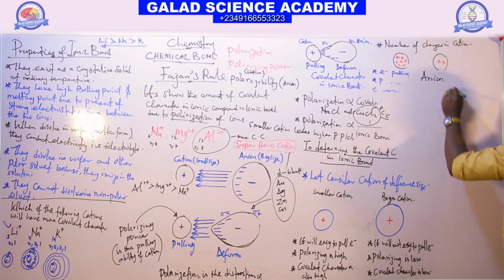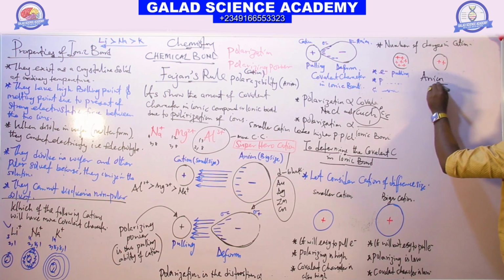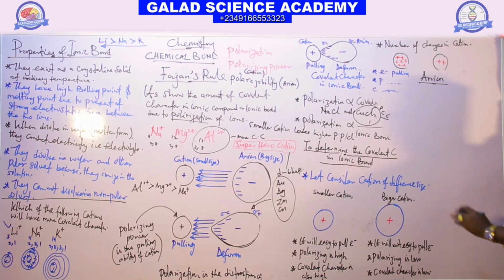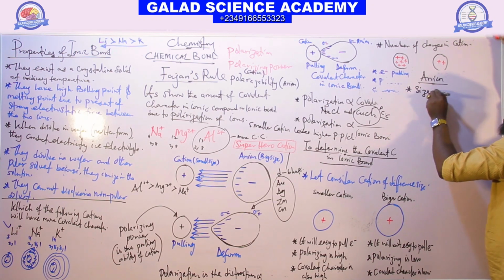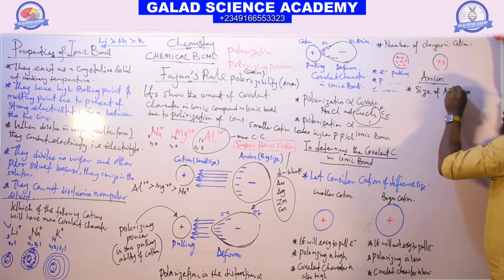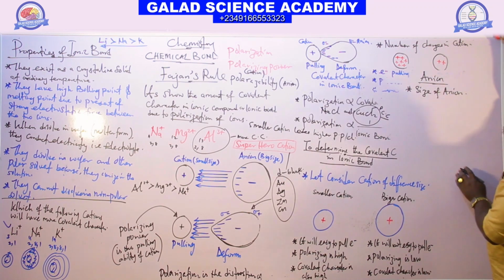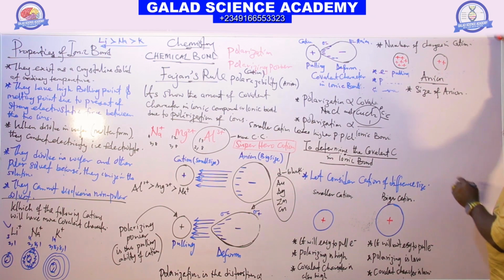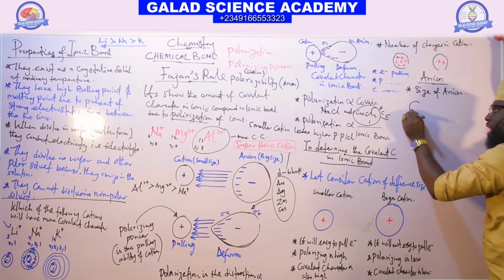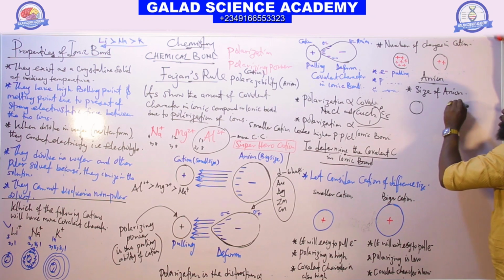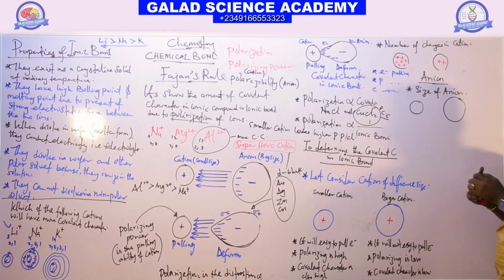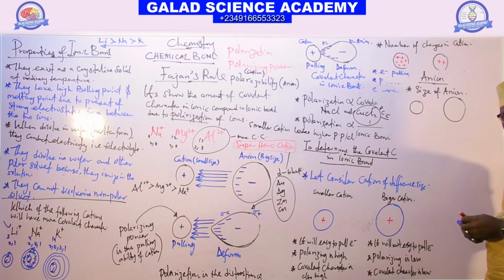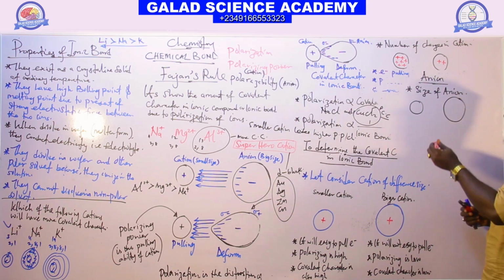So, anion. To determine the covalent character in anion, let us use the size of anion. By considering the size of anion, the first one is we have anion of small size compared with anion of big size.